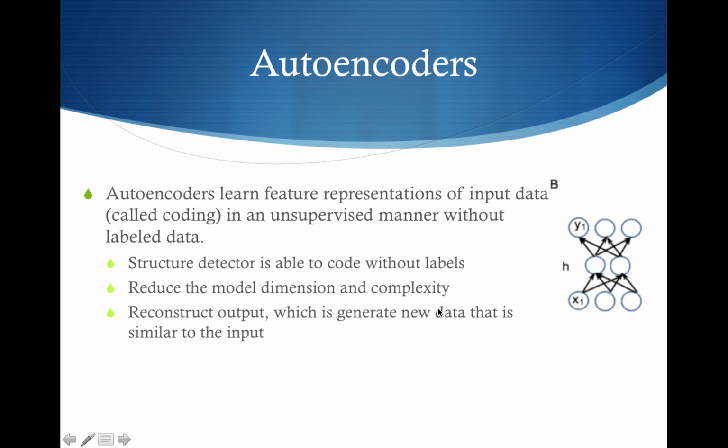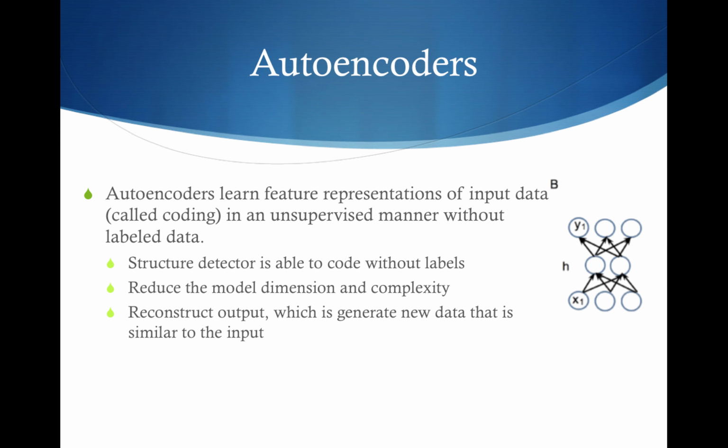One unique architectural feature of the autoencoder is that the number of neurons in the input and the output layer must be equal. They must be equal.